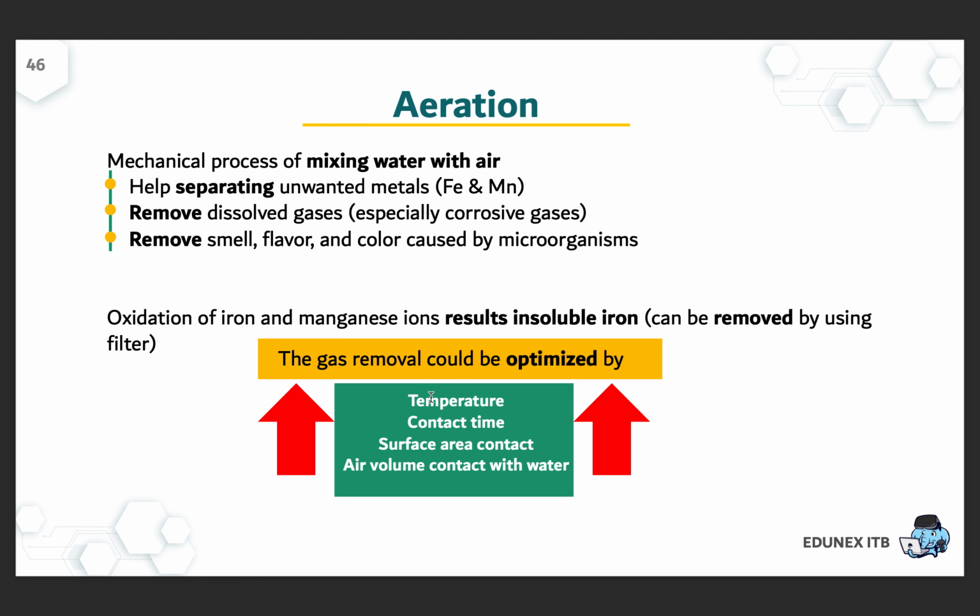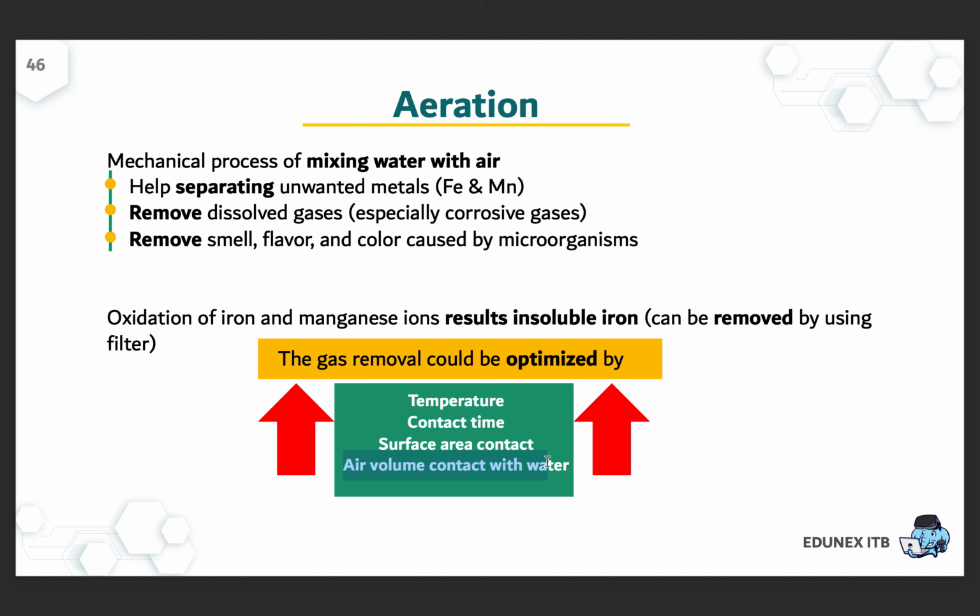Of course, the gas removal or the aeration should be optimized by optimizing the temperature of the air and the water, the contact time of air and water, the surface contact area, and the air volume in contact with water. If you go through the literature, you can find that there are two types of aeration. The first is when you have droplets of water dispersed in air, and the second is when you have small bubbles of gas or air dissolved in a whole body of water.